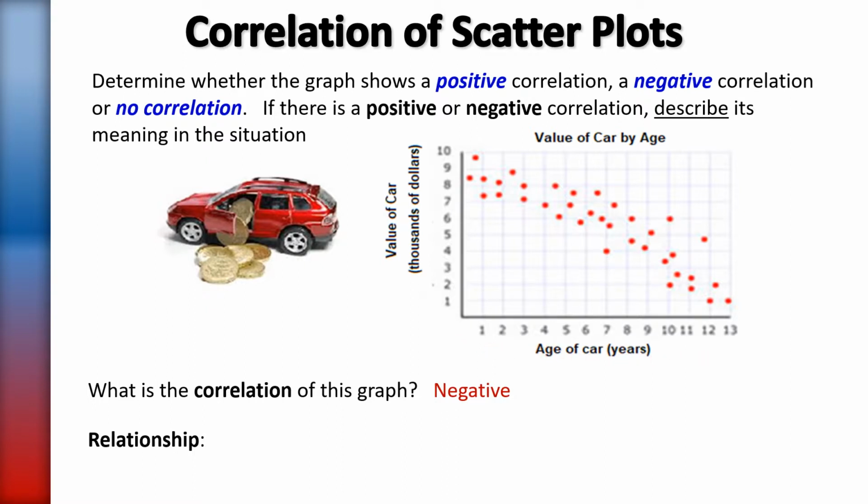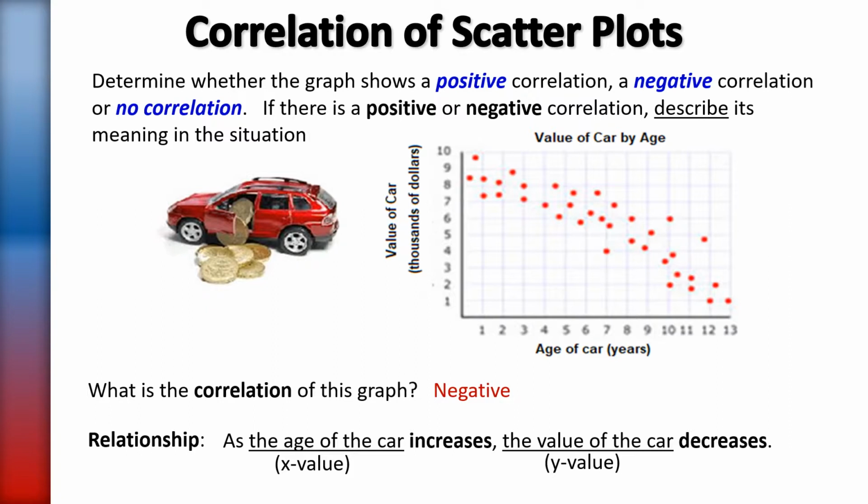You would say as the age of the car increases, the value of the car, notice what's happening, decreases. Okay, so to write that, you would write it like so. Again, as the age of the car increases, the value of the car decreases. And we know that is so true. Cars simply lose their value over the years.